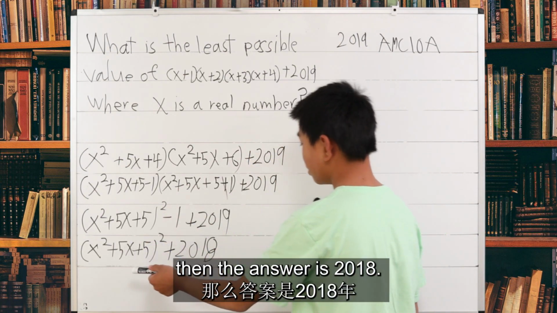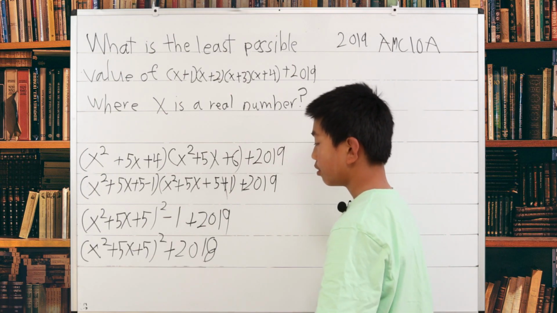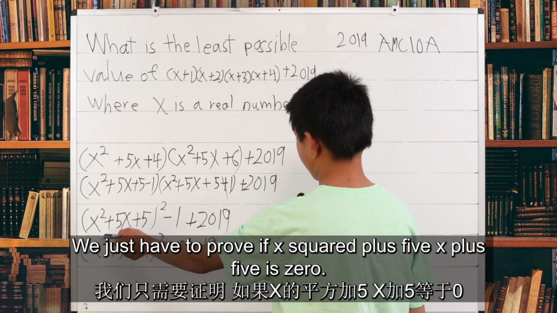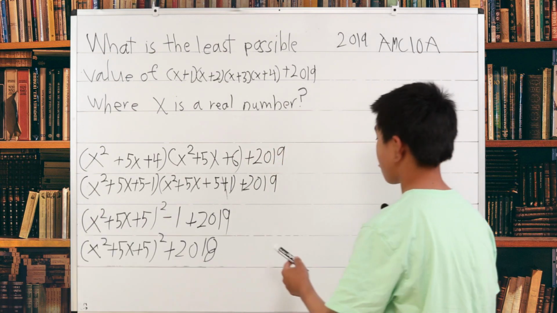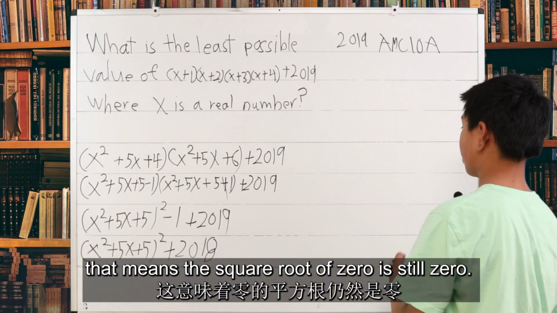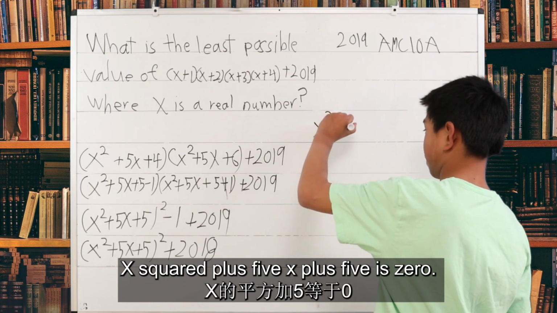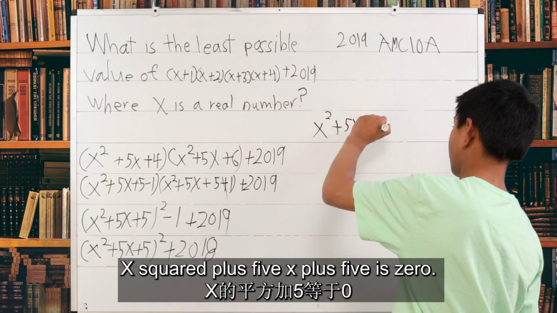If it's 0, then the answer is 2018, but if it isn't, then it's not 2018. We just have to prove that x squared plus 5x plus 5 can be 0.